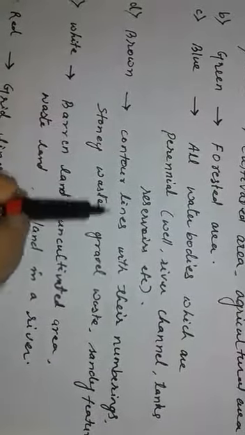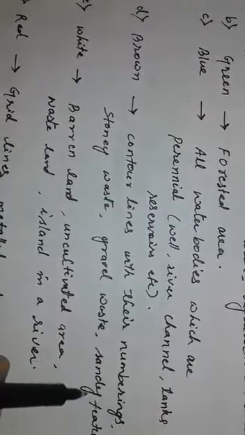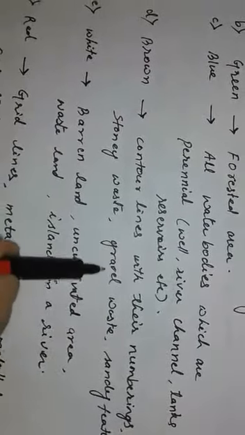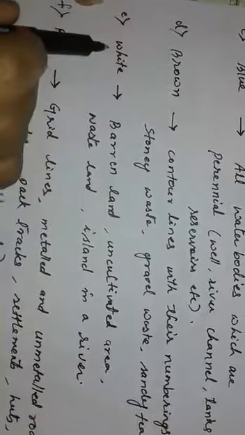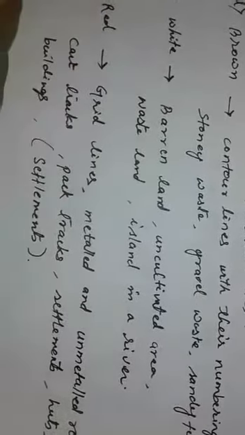Contour lines with their numberings, stony waste, gravel waste, and sandy features are marked with brown color. Now, white color. Barren land, uncultivated area, wasteland, and islands in a river are all denoted with white color.